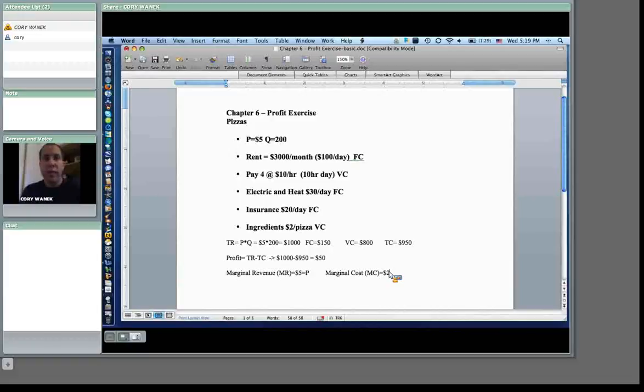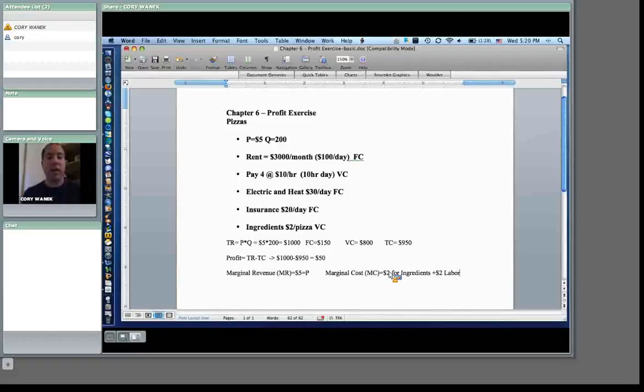If they're each making on average 5 per hour and we're paying them $10 per hour, then it's costing about $2 a pizza in labor. So that's $2 for ingredients, and add in $2 for labor. So our marginal cost is $4 per pizza.